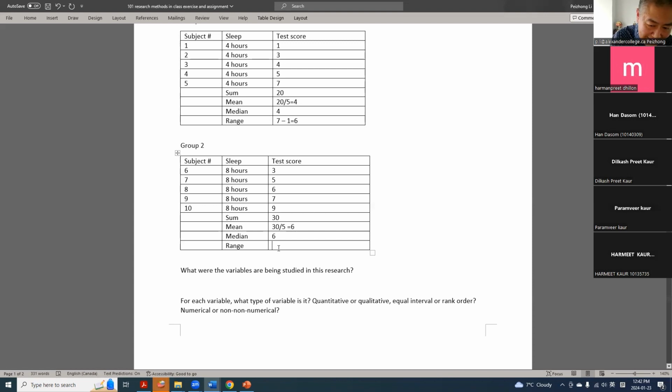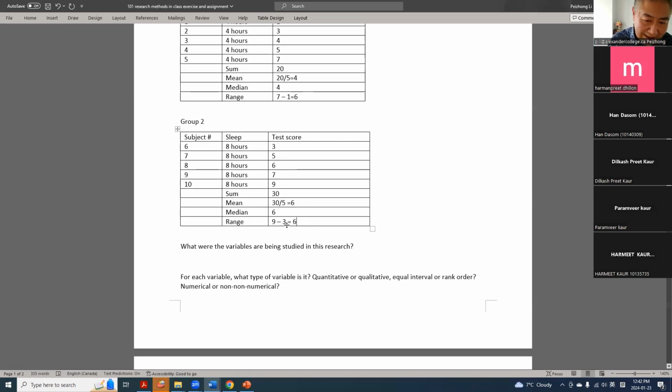Largest one is, somebody got the range already. Yeah, so the range is, the largest is 9 and the smallest is 3. Yeah, the range is 6. Good. So once you get the mean, the median, the range, you have a rough idea of the data.